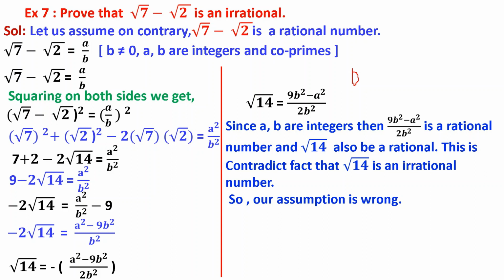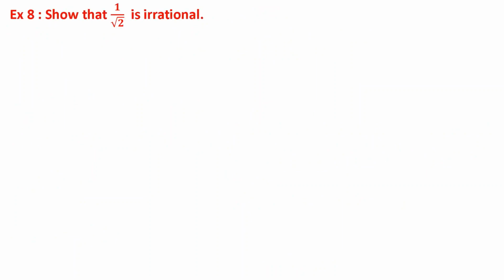Since a, b are integers, (9b square minus a square) by 2b square is a rational number and root 14 would also be rational. This contradicts the fact that root 14 is an irrational number. So our assumption is wrong. Therefore root 7 minus root 2 is irrational. Hence proved.